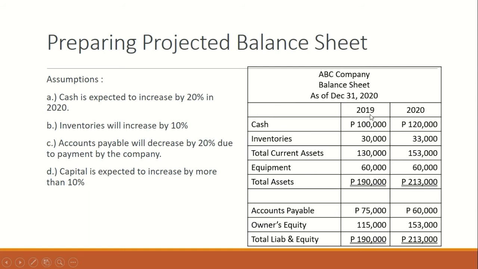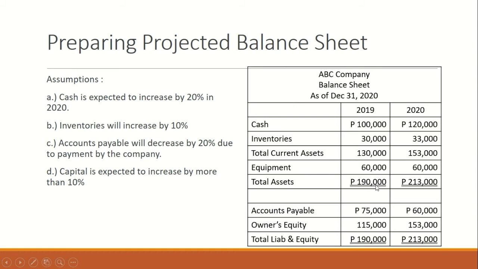So in 2019, meron tayong data na 100,000, inventories na 30,000. So meron tayong total current asset na 130,000. So meron tayong asset or non-current asset na 60,000, which is the equipment. So in total of assets, meron tayong 190,000.